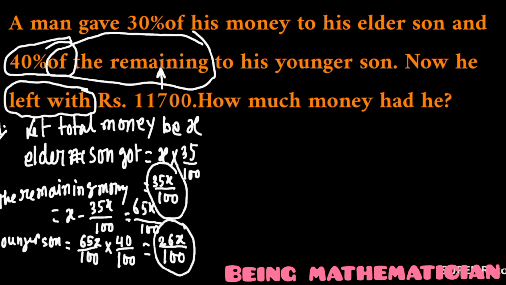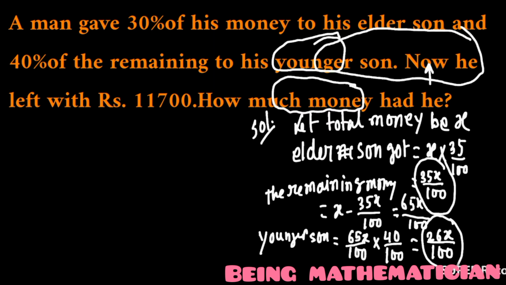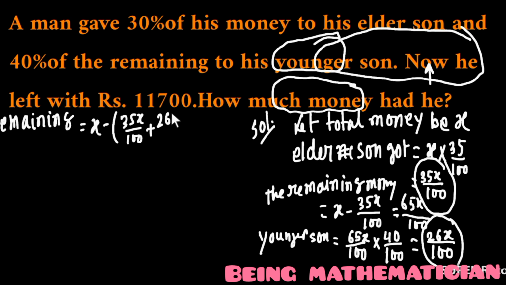So the remaining money will be X minus 35X by 100 plus 26X by 100, and it will be 39X by 100.